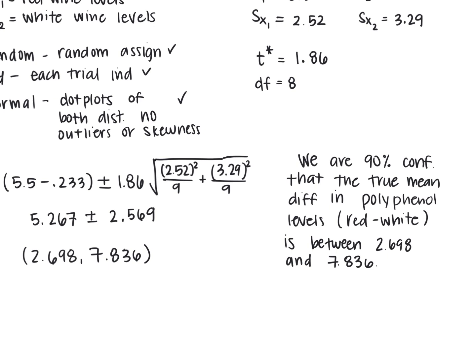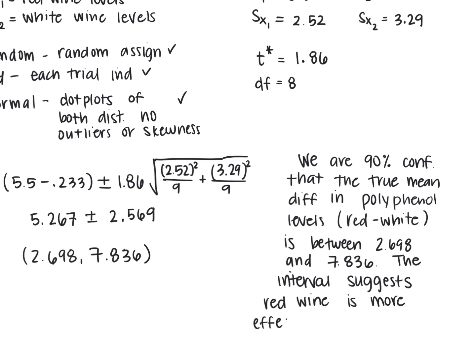So for us, the interval suggests red wine is more effective because it contains only positive values.